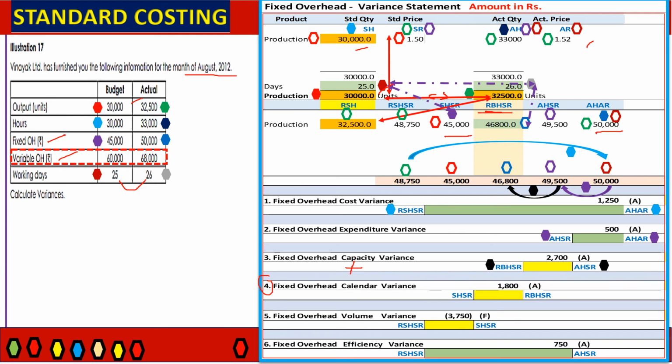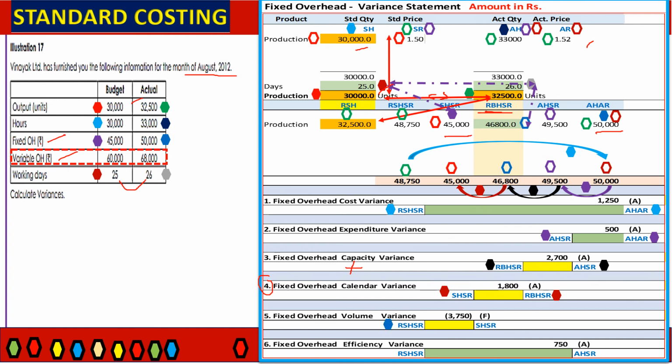Next is capacity variance from 49,500 to 46,800, which is nothing but AHSR to RBHSR. Then comes the calendar. Calendar is because of the increase in number of days; value gets increased from 45,000 to 46,800. 1,800 is the calendar variance.